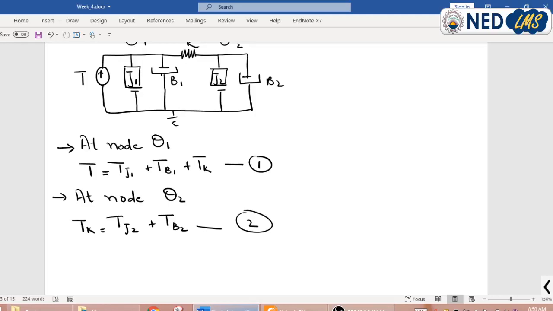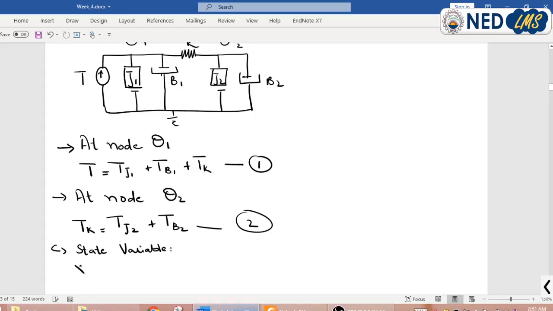Now we want to write the state variables. The state variables in this question will be two for these two masses, and these two displacements will be the state variables for this spring. So I will mark that I want to write the state variables now.